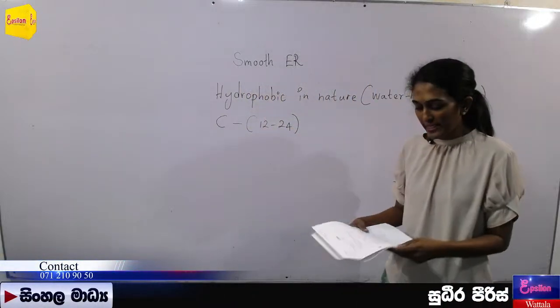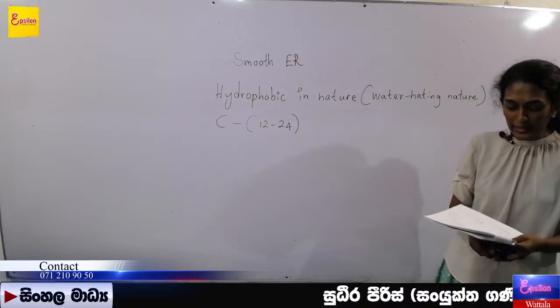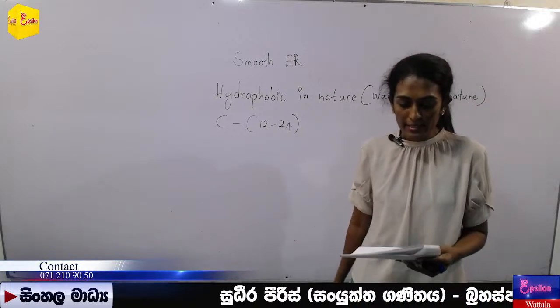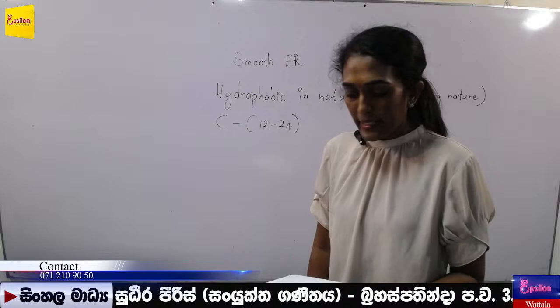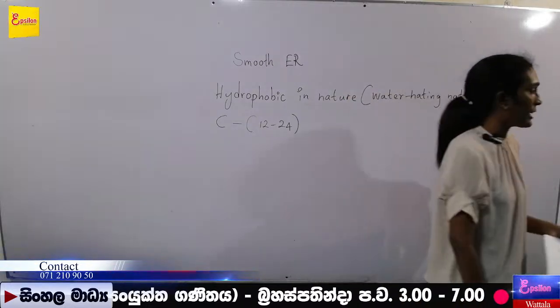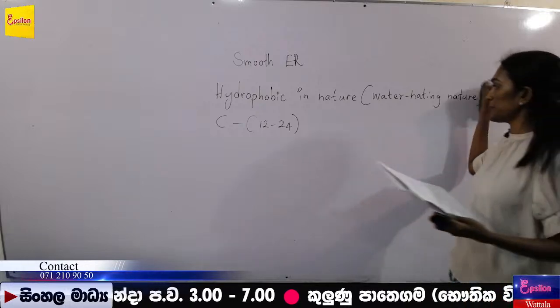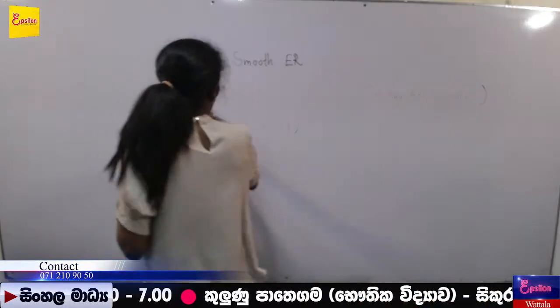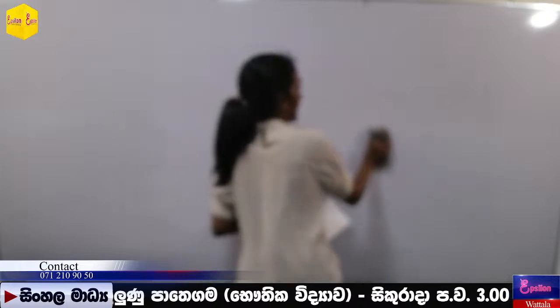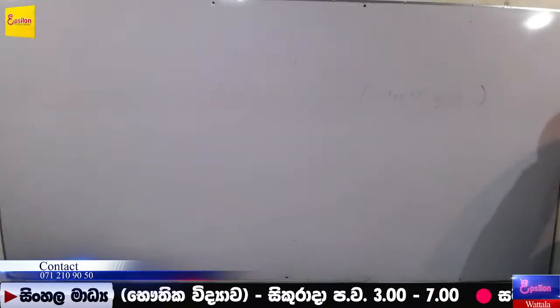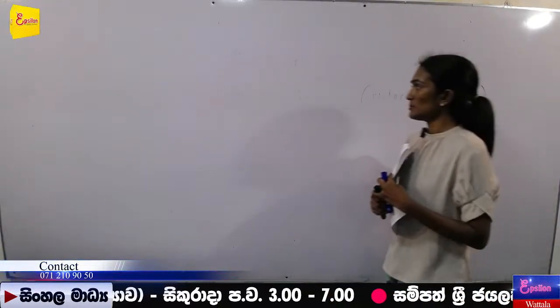Hari, shall we go to the next question? What can you tell about the hydrogen to oxygen ratio of lipids compared to the hydrogen to oxygen ratio in carbohydrates? It's more than 2:1. What's the meaning of that?